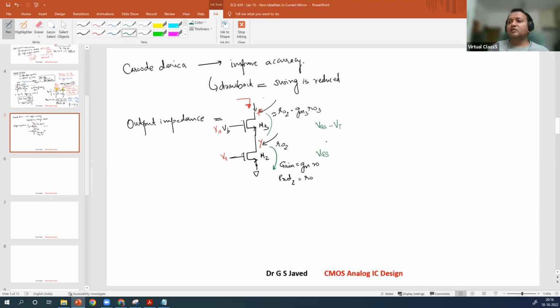So your swing will reduce by one VGS minus VT factor, right? So in your comparison, we can do the original current mirror and we have the modified current mirror.